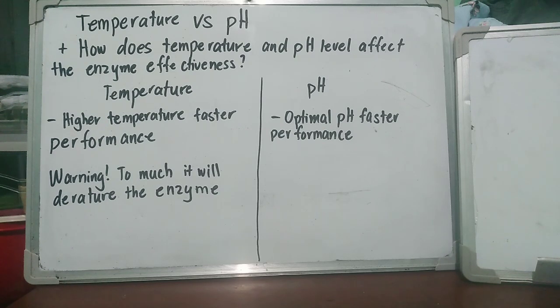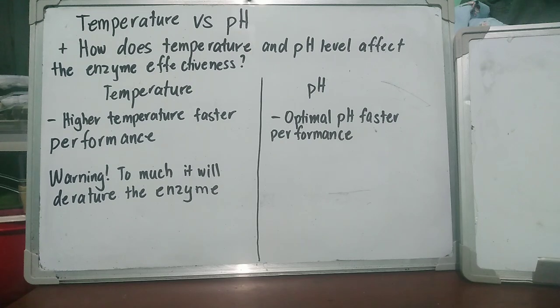So, pH, in simple terms, optimal pH, faster performance. For example, if a specific enzyme works best in an acidic environment, if you put it in a basic environment, probably pangit yung performance niya kasi they work best in acidic, as compared to basic. Same goes with some enzymes that work best in basic condition.